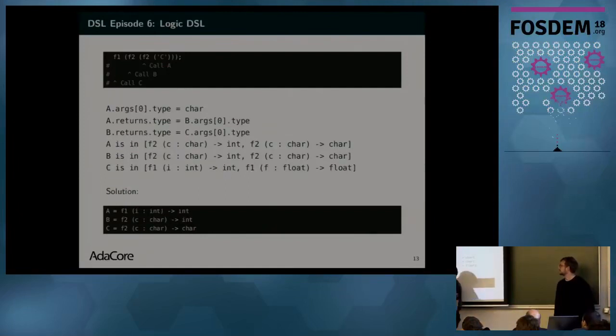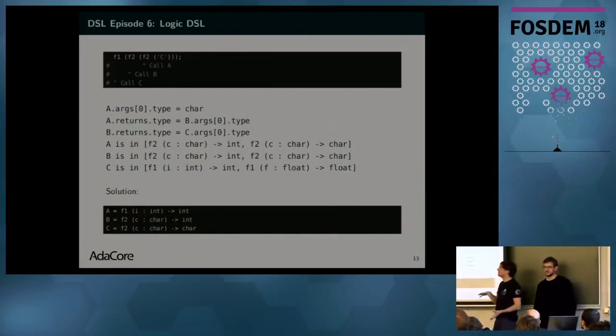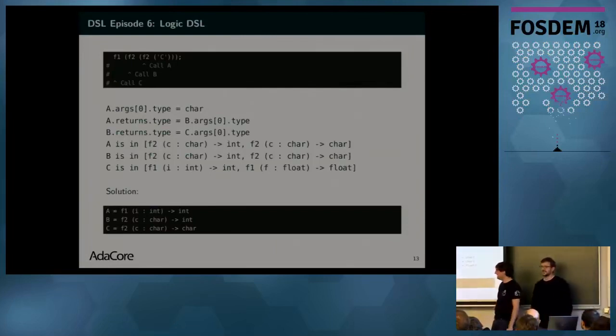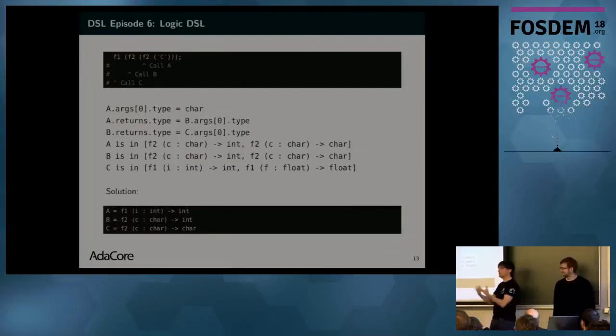And because A is about calling F2, we see that A is one of these two. They are on the same line. One of these two declarations. Same goes for B and C. And so you collect a set of constraints, and then in Langkit, we provide, along with the functional language, a solver. It is something that takes a set of constraints and gives you, hopefully, the unique solution to this problem.